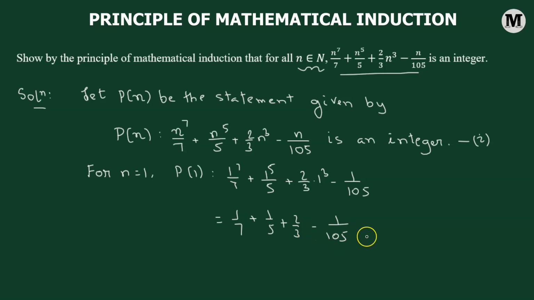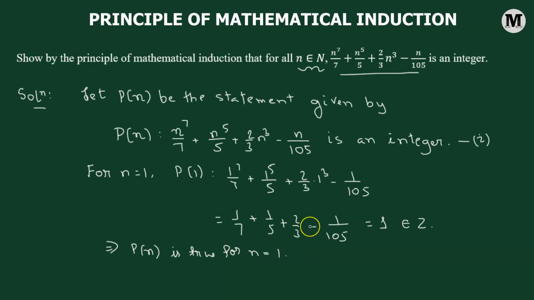When we combine them, we get a value equal to 1. Clearly, 1 belongs to the set of integers. So we can say that the statement P(n) is true for the first natural number 1.